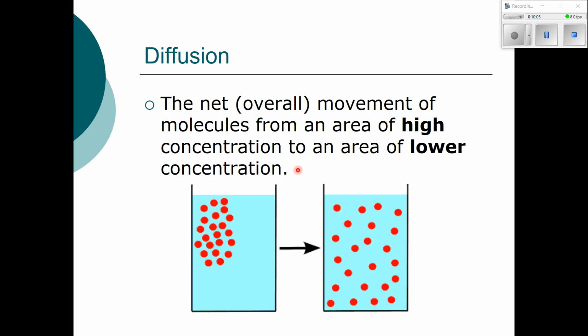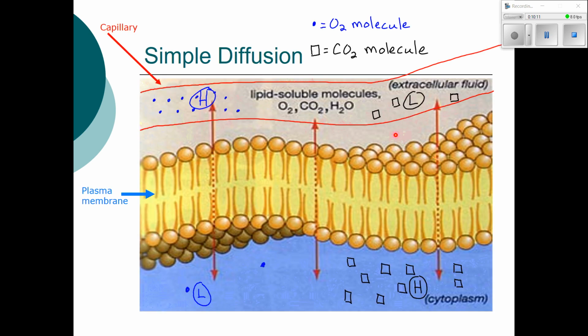They have to move from an area of high concentration to an area of lower concentration. So in this case, oxygen will diffuse from the blood across the phospholipid bilayer and into the cell.